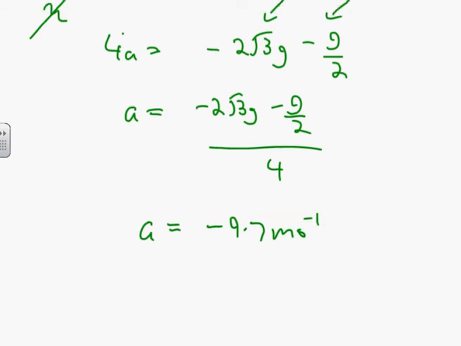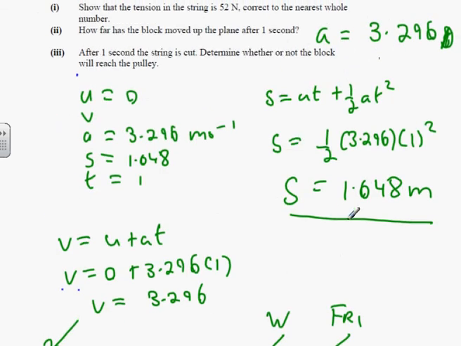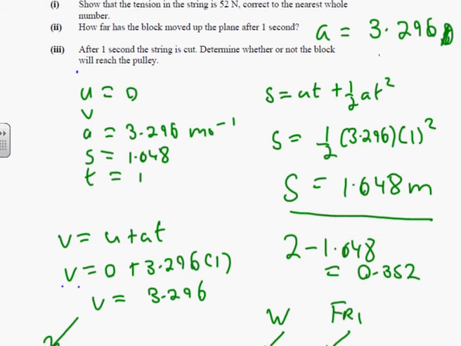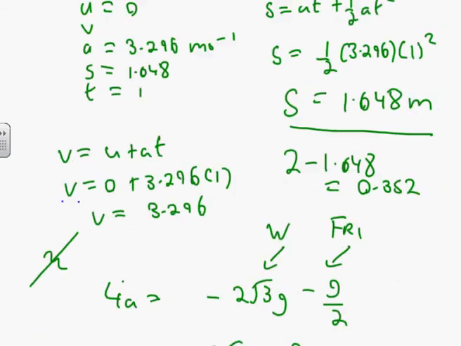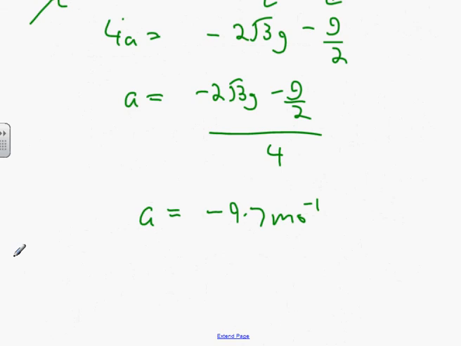Now, does it reach the 2 meter mark? How much distance do you have left to reach the 2 meter mark? Sorry? So 2 meters minus 1.648, which is equal to 0.352. Do you reach the 0.352 mark? That's what we're trying to figure out.